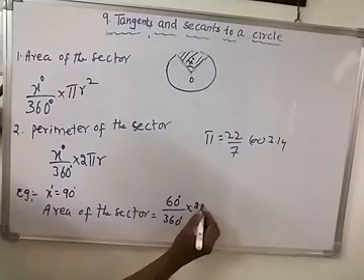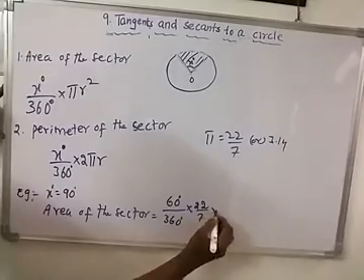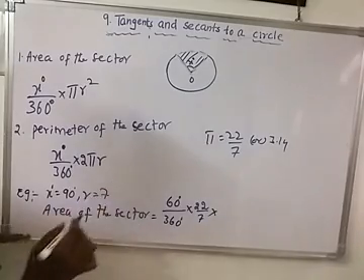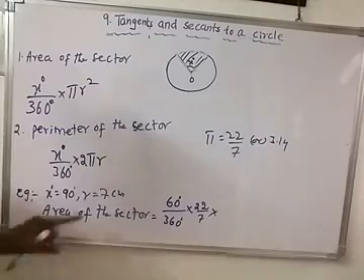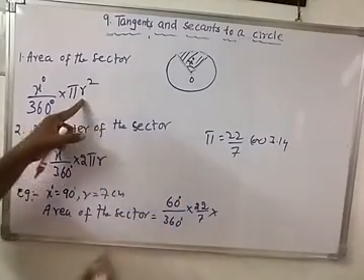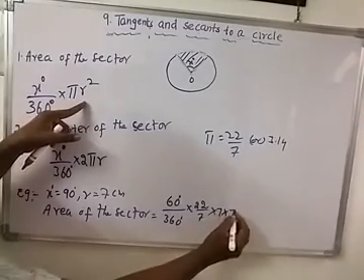The radius of the circle is 7 centimeters. R square means r into r, that is 7 into 7.